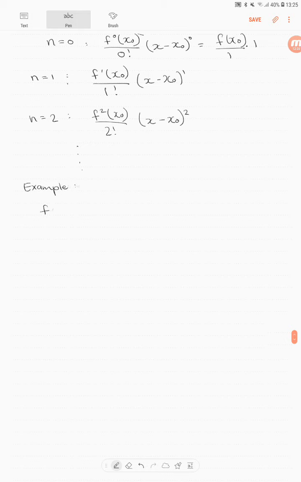So let's do an example. Say we have the function f of x equal to x cubed minus 10x squared plus 6, and we want to expand around x equal to 3.